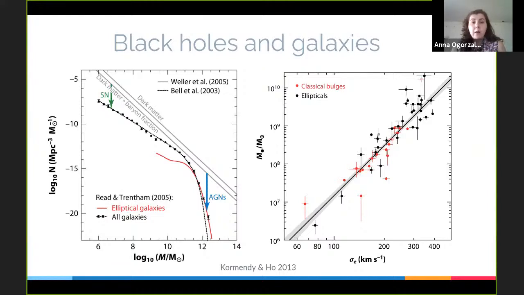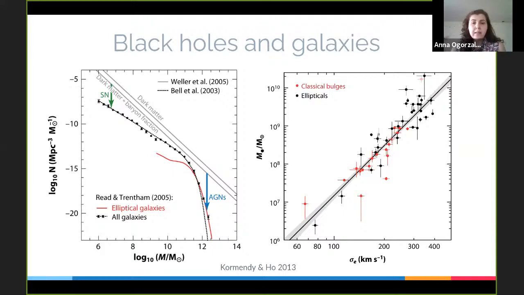The observed galaxy number, which is shown with black data points, falls short of this prediction, especially for the highest mass systems, which also tend to host the largest supermassive black holes. Further, there is an empirical relationship between the black hole mass and the velocity dispersion of the stars in the galactic bulge, which spans orders of magnitude, which suggests to us that galaxy and black hole growth could regulate each other.